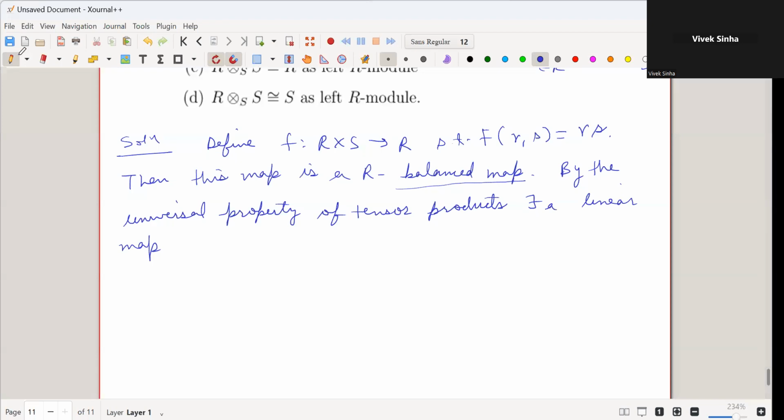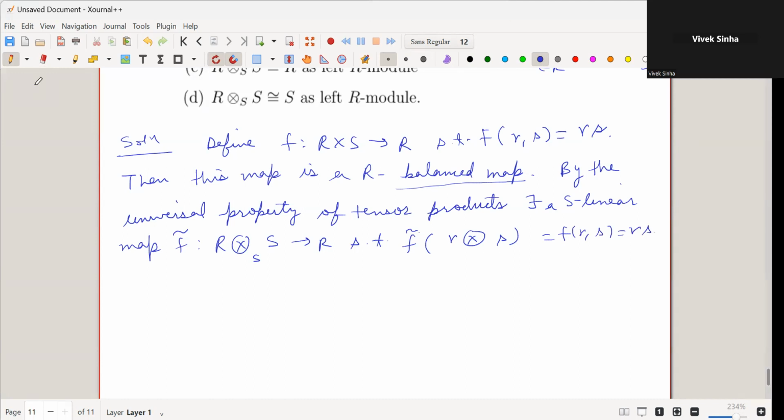There exists an S linear map F delta from R tensor S R, such that F delta of r tensor s is F of r comma s, that is rs.